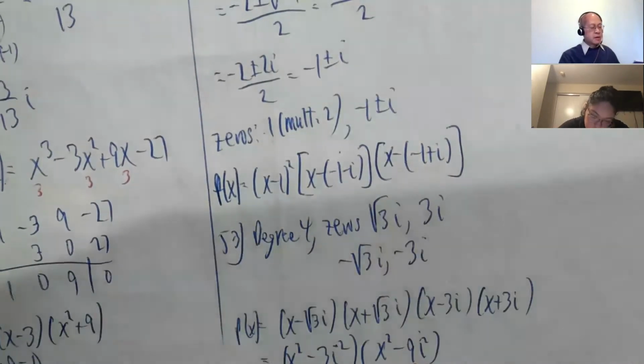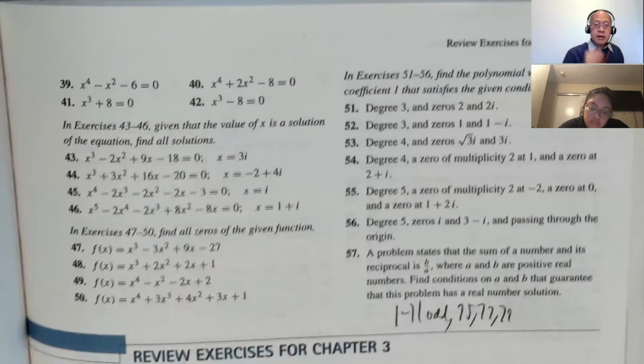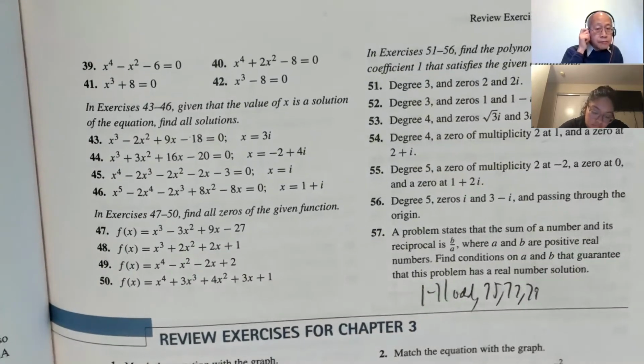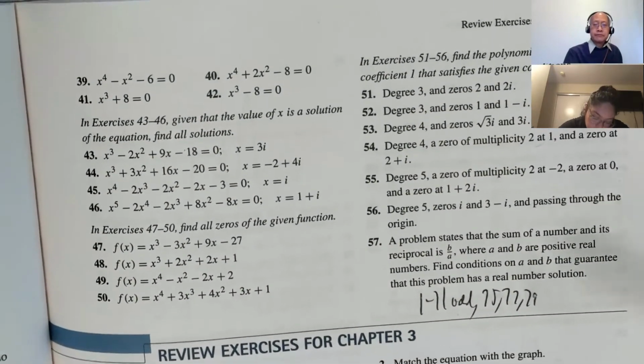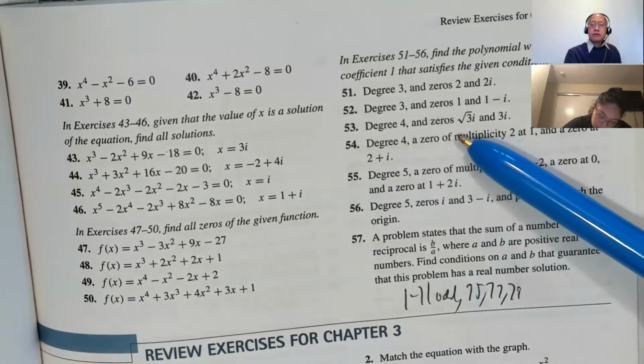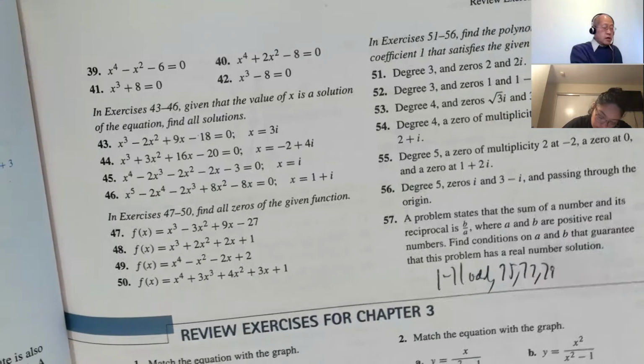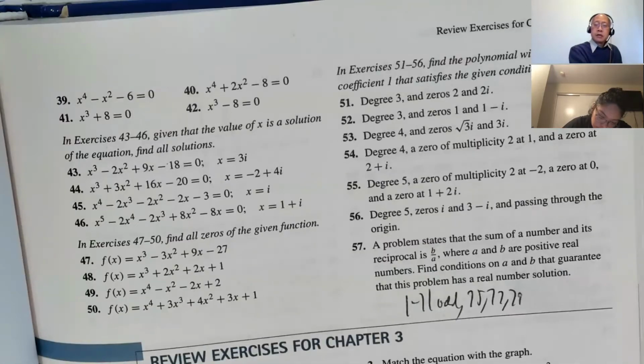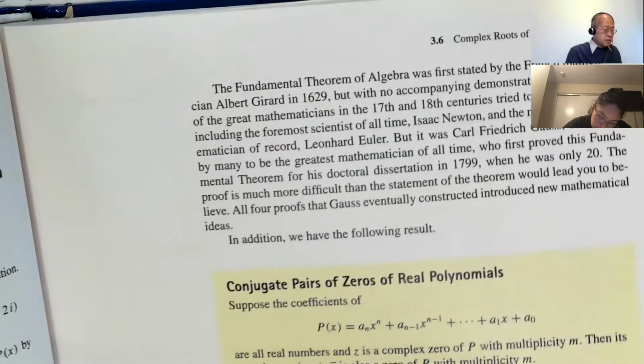Okay, 53 is a build a polynomial, make up a polynomial, right? So 53, degree 4, zeros are radical 3i and 3i. So remember, we have a rule that says solutions come in conjugate pairs.